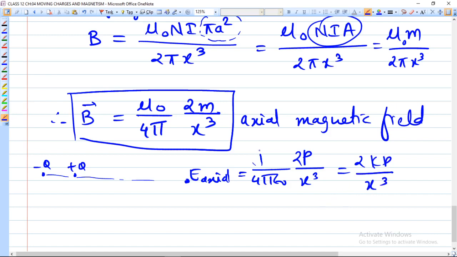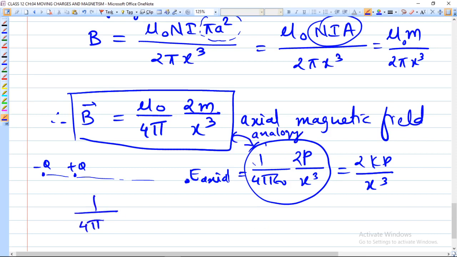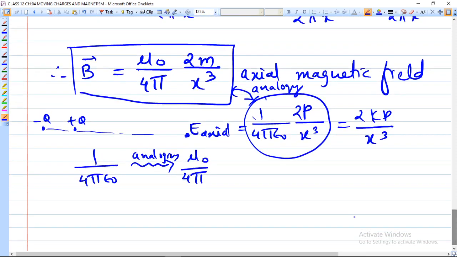So here I want to draw an analogy. 1 upon 4 pi epsilon 0 is analogous to mu 0 upon 4 pi. I am saying analogous, not equal to. Please be sure about that.